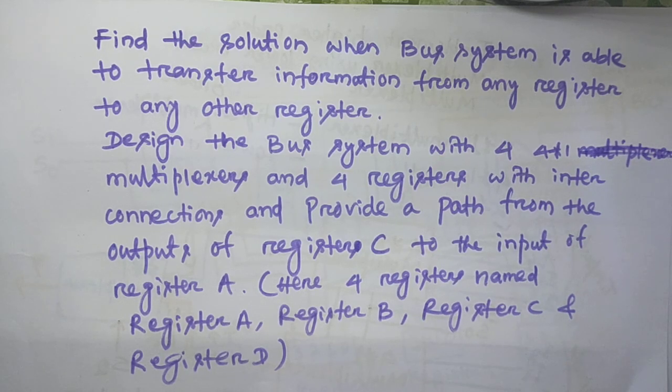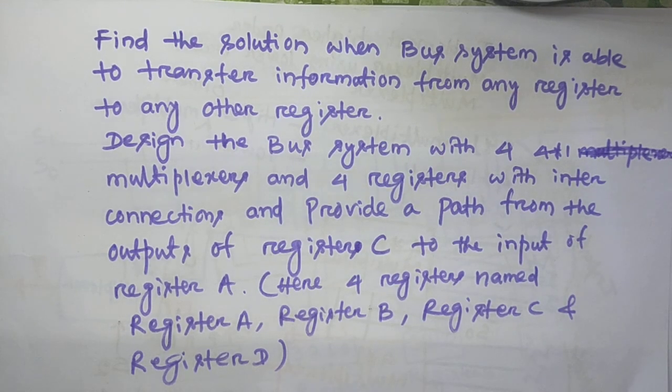But here we have to design a common bus with 4 multiplexers and 4 registers, where the output of one register, the data from one register, is transferred and considered as input of another register.